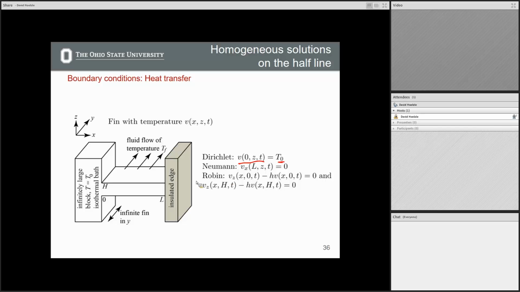Neumann boundary condition, if we have an insulated edge, means heat transfer across this boundary is equal to 0. This would be that, or also that the change in temperature with respect to x at the position L is equal to 0, and then you can also have mixed ones as well. All right, so this is how we're going to look at boundary conditions for this problem.